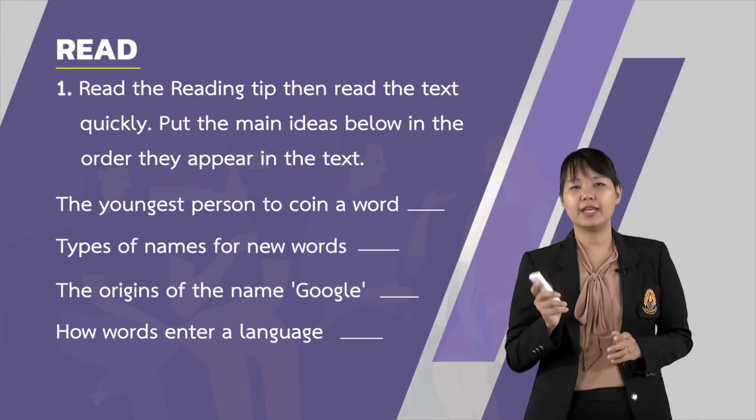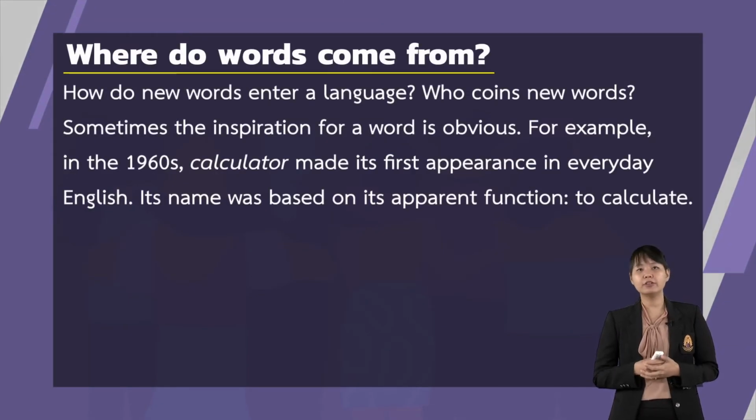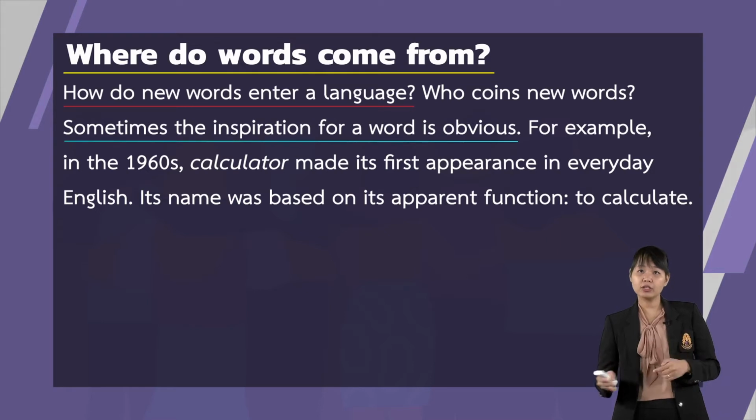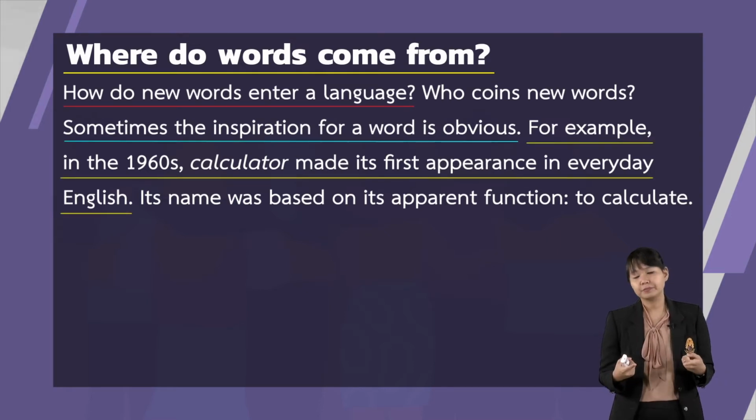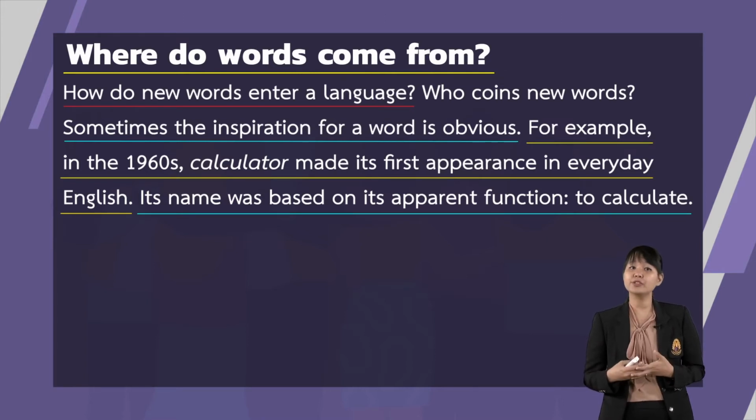Let's take a look at the first paragraph. We read the first and last sentences and look for key words that support them. The first sentence asks: how do new words enter a language? Then this part supports it: sometimes the inspiration for a word is obvious, because its name was based on its apparent function, to calculate.